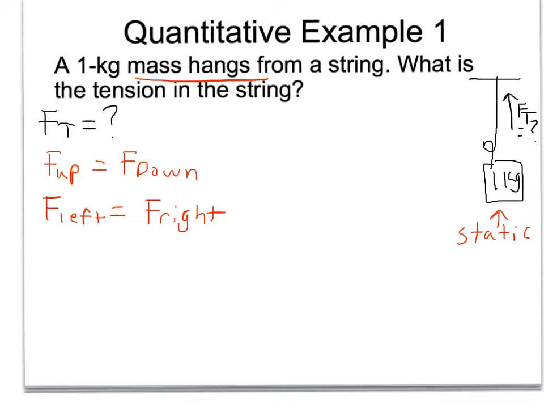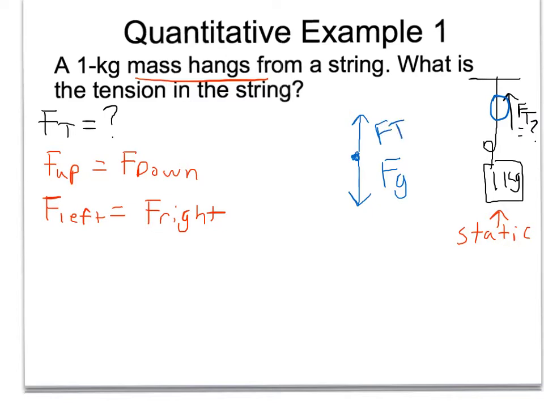So in blue, color coding, because there's a lot going to be happening on this slide, let's draw the free body diagram so we can analyze all the forces. I start with the dot. That dot represents my 1 kilogram mass. And I know that 1 kilogram mass has on it a force of gravity. And since my mass is hanging from a string, there is a tension force resisting the force of gravity.